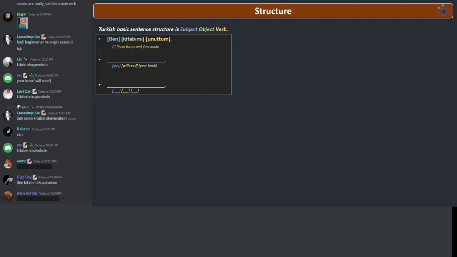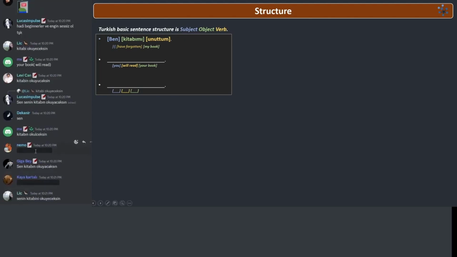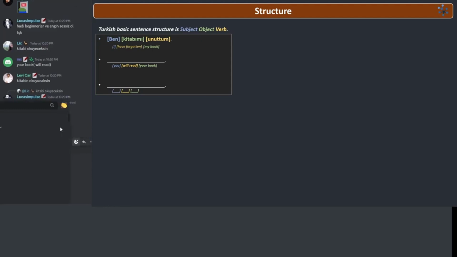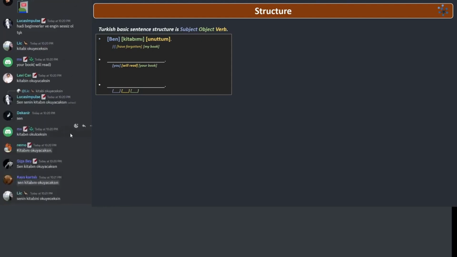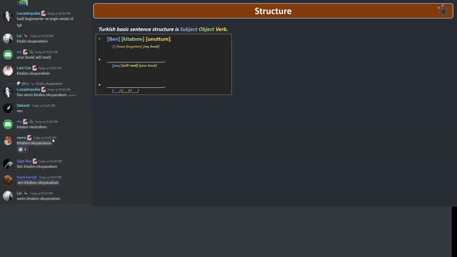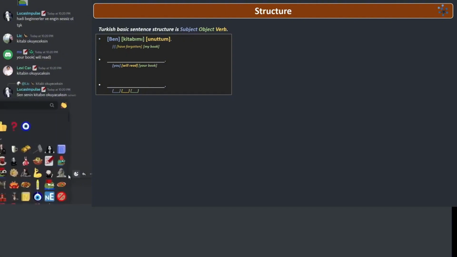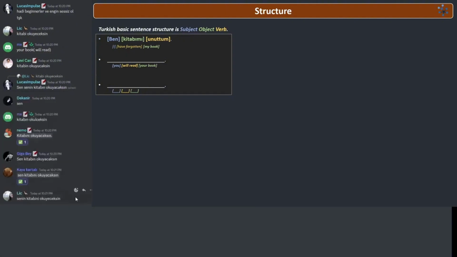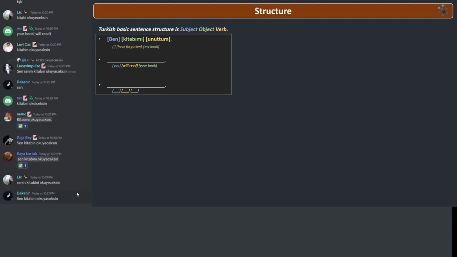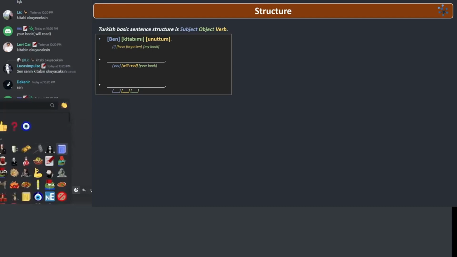Gigabe, you also missed something. And Nemo, yeah, you are correct. And Kaya Kartala, you are also correct. Lick, you are so close, but you forgot about the vowel harmony. Yeah, Dekaner, correct.